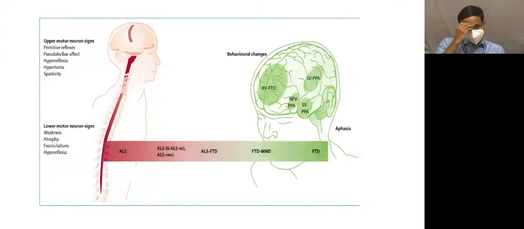We would like to understand what kind of weakness it is. Is it an upper motor neuron kind of weakness, meaning that in the history the presentation will be like tightness? If it's in the lower limbs, it'll be tightness. They might say that they are unable to walk as fast as before. They might not be able to catch up with their peers. They might not be able to run and get into a bus.